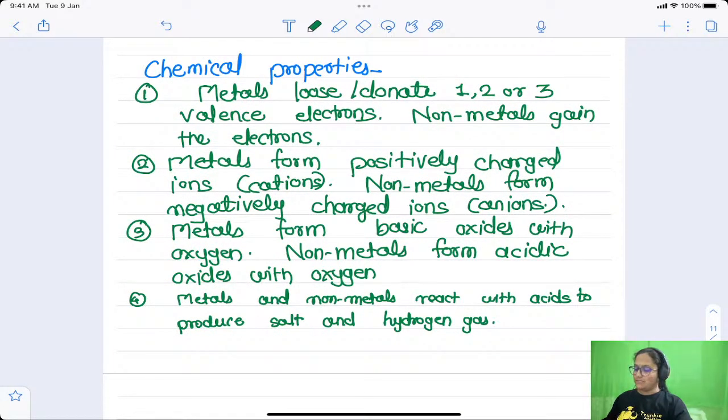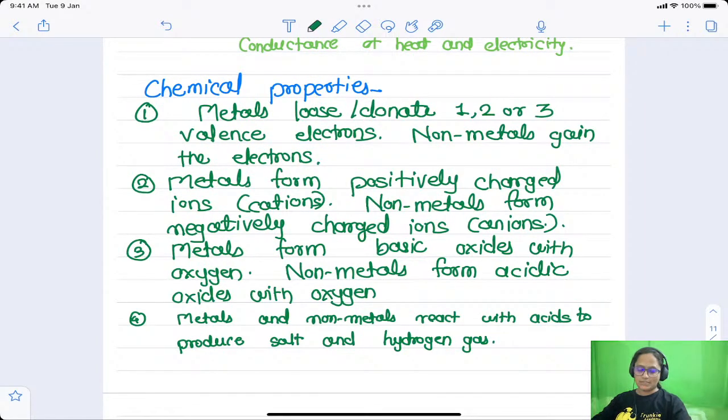Now you can take a screenshot of this page, chemical properties in general. I hope you have taken a screenshot.